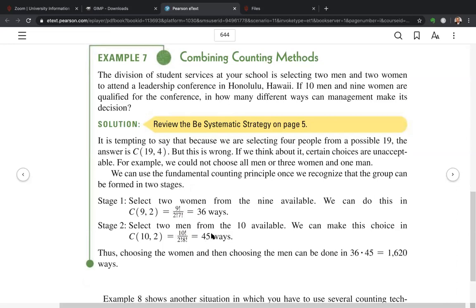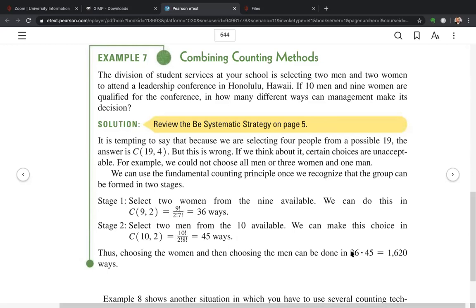Now we have the numbers for the individual men and women, and we use the fundamental counting principle to find the total number of ways that they can be selected, because what you're really doing is filling 2 slots. You're selecting a men's group and a women's group. So you've got to fill the men's slot, and then you've got to fill the same slot for women, okay? So it's 2 tasks, selecting the men, selecting the women.